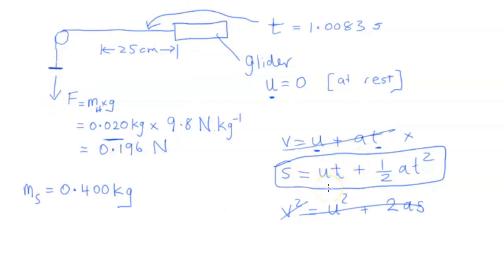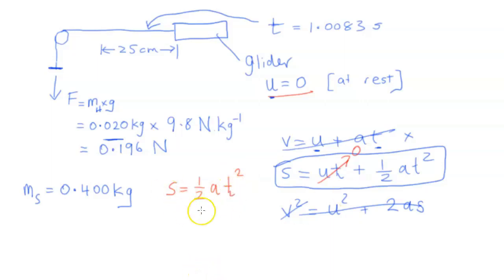So if I simplify this one, because u is 0, then this goes to 0. So then I'm left with the displacement equals half times the acceleration multiplied by the time squared.